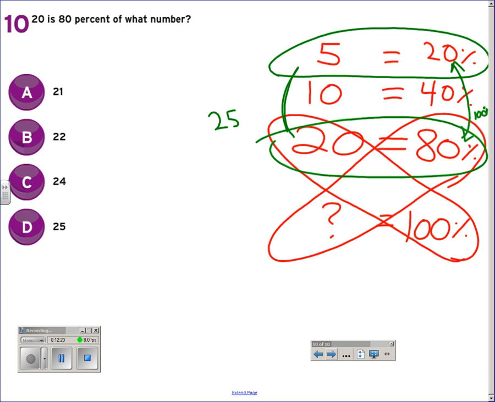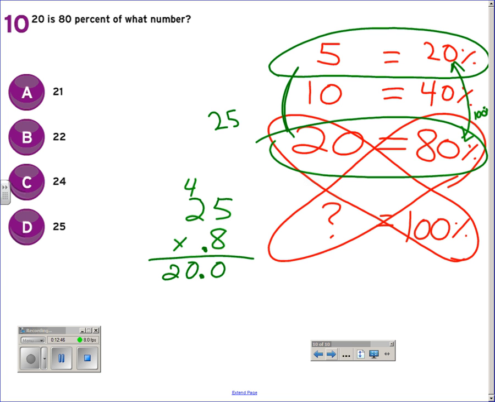So that means that 20 is 80% of 25. Let's just make sure. 25 times 0.8 for 80%. 5 times 8 is 40. 2 times 8 is 16. Plus 4 is 20. There it is. Yes, 20 is 80% of 25.